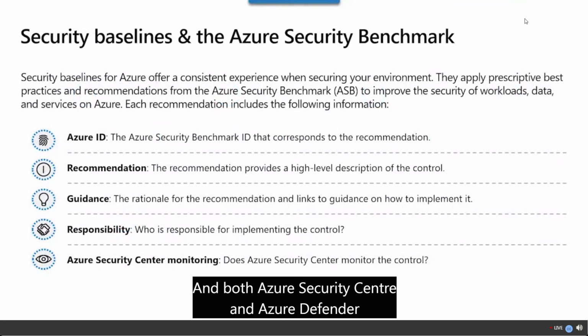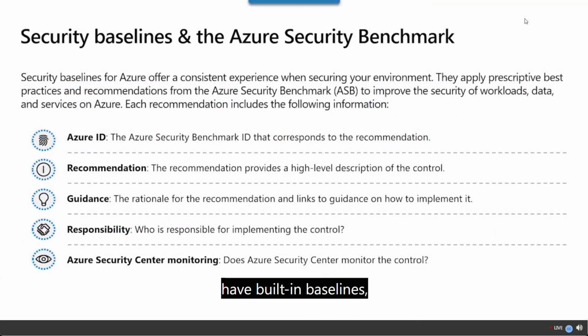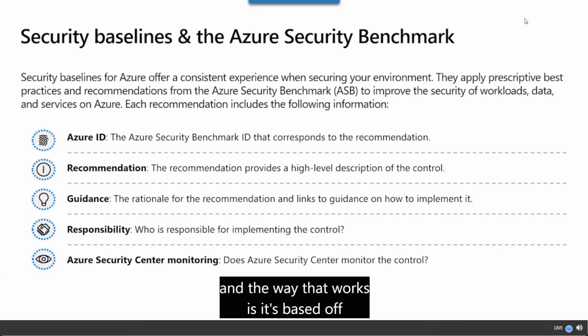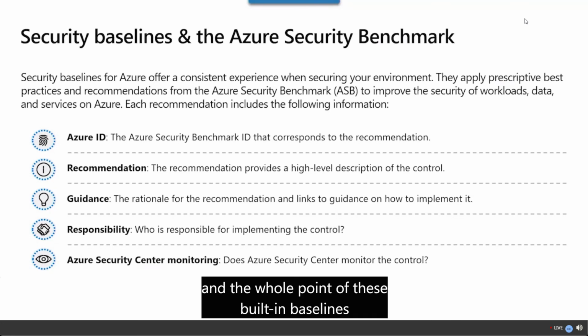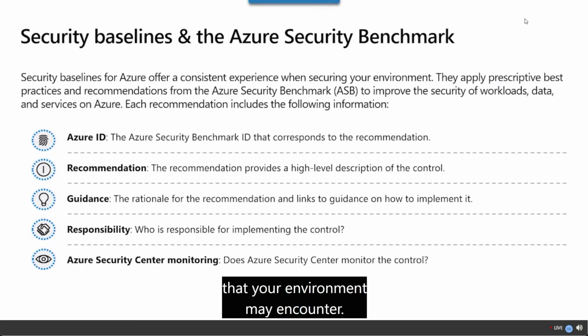And both Azure Security Center and Azure Defender have built-in baselines. And the way that works is it's based off of best practices for each service. And the whole point of these built-in baselines is to help provide security to the most common cases that your environment may encounter.